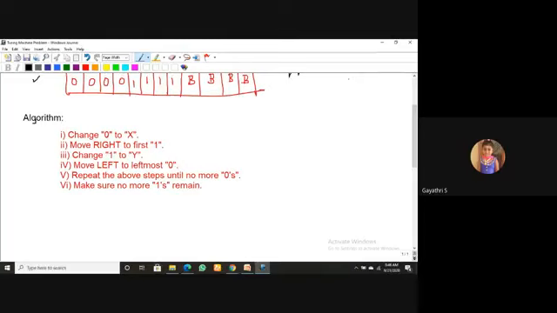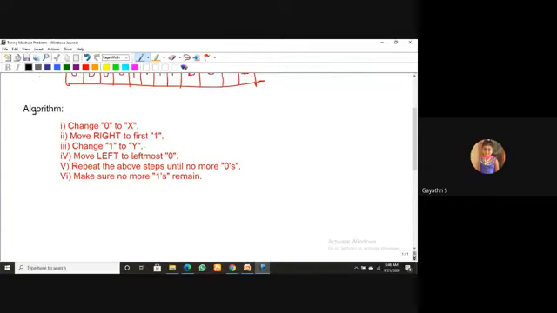After the 0 is replaced by x, you are finding the first 1. One step at a time, you move in the right direction and find the first 1. If you find the first 1, change the 1 to y.